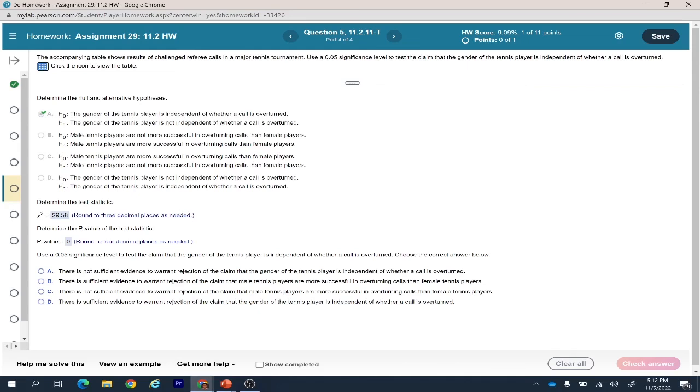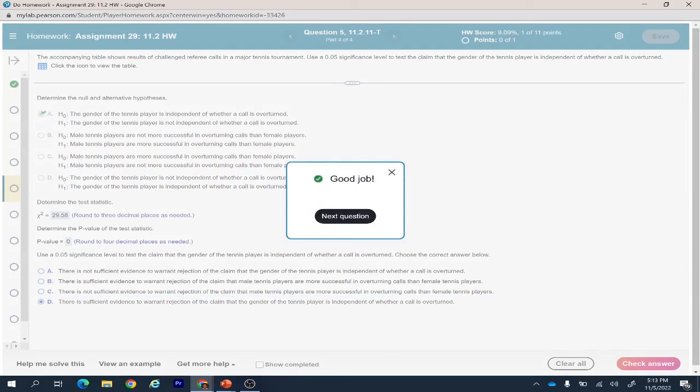There is not sufficient evidence to warrant rejection of the claim that the gender of the tennis player is independent. No. There is sufficient evidence to warrant rejection of the claim that male tennis players are more successful. No. There is sufficient evidence to warrant rejection of the claim that the gender of the tennis player is independent of whether a call is overturned. That's the rejection of the null hypothesis.